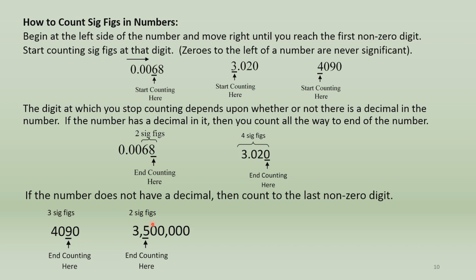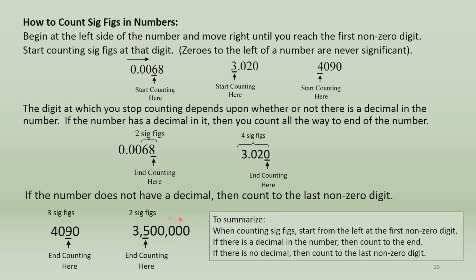There's no decimal, so zeros to the right are not significant. There are 2 sig figs in this number. So to summarize, we count sig figs starting at the left at the first non-zero digit. If there's a decimal in the number, then count right to the end. If there's no decimal, then count to the last non-zero digit.